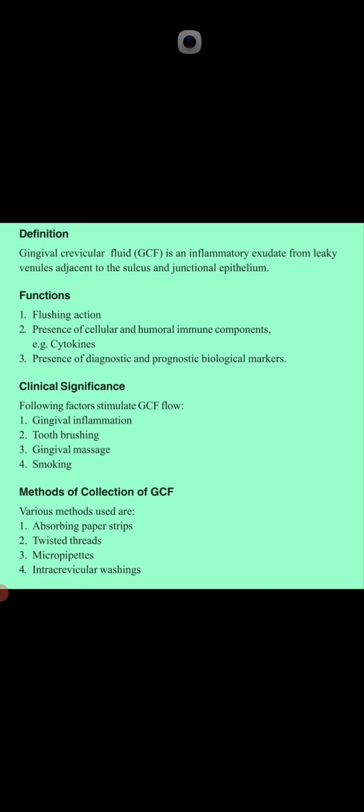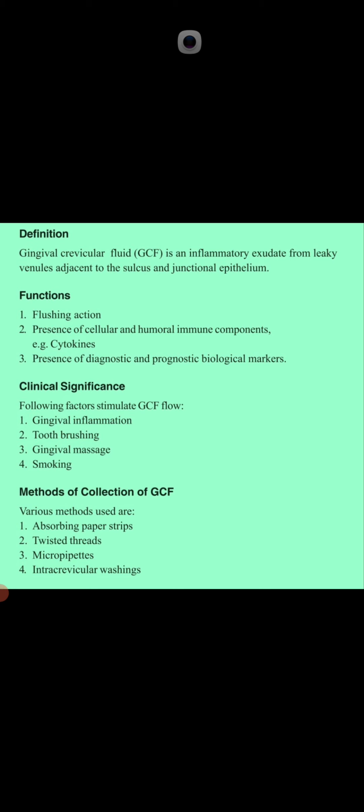GCF is an inflammatory exudate, meaning it occurs in inflammation from leaky venules adjacent to the sulcus and junctional epithelium. Because it is present in the sulcus, meaning the gingival crevice, it is known as gingival crevicular fluid.